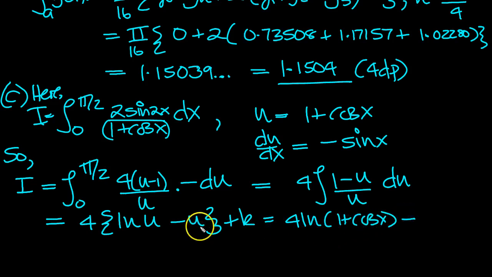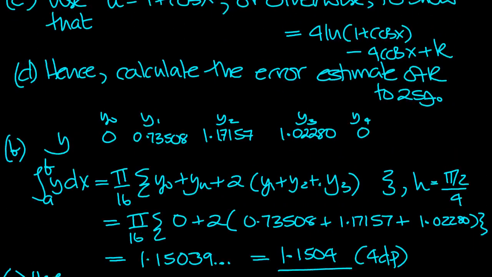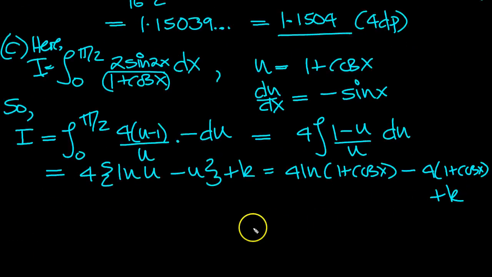minus 4 lots of this, plus k. And what did we need to show was equal to? Let's have a look here. So we just needed 4 log minus 4 cos x plus k. Well, our k here, we can just adjust that then, can't we?